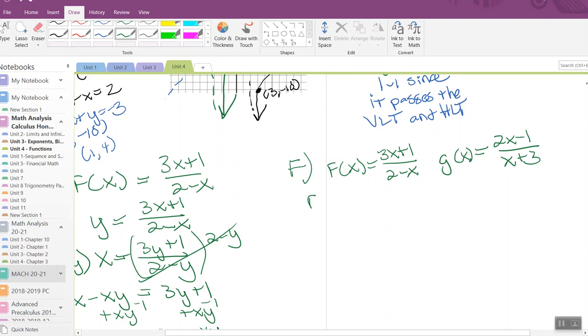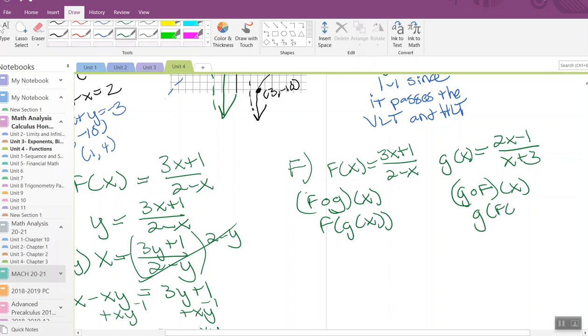So now we have to do f of g of x, and we have to do g of f of x. So f of g, we put the g function in first, so (2x minus 1) over (x plus 3).